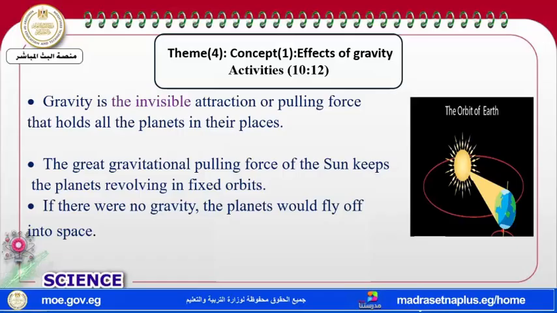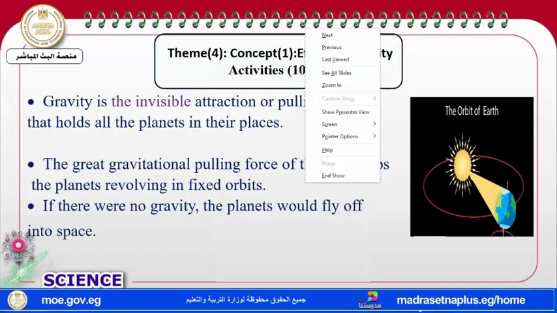My dear students, this gravity exists between the sun and the earth, and the earth also makes a gravity to the sun. But which one has the greatest pull? The sun. Why? Because the sun has a big mass.